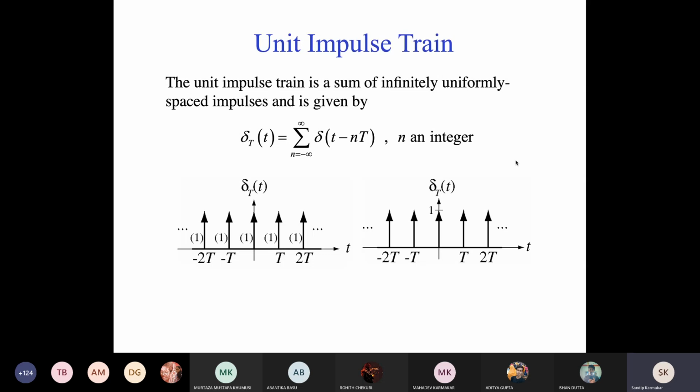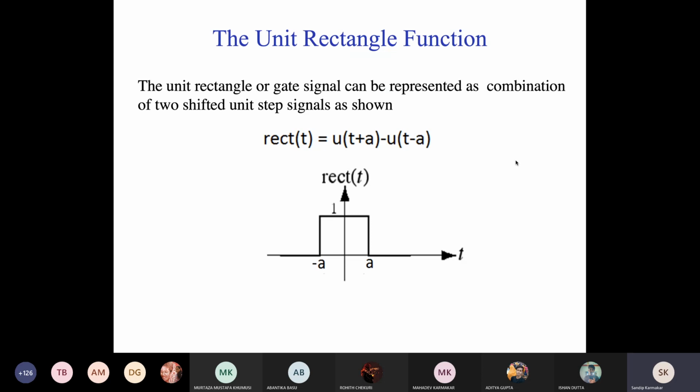That means it will have a value of 1 at t equal to 0, a value of 1 at t equal to T, 1 at t equal to 2T, 1 at t equal to minus T, 1 at t equal to minus 2T, etc. So this is the unit impulse train.